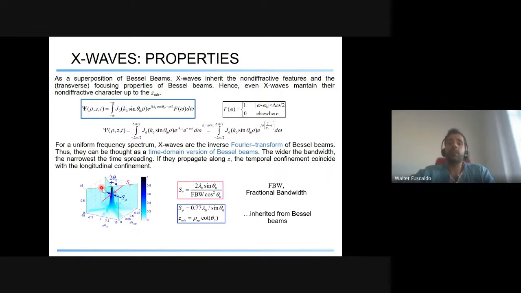On the transverse side, the resolution of an X wave is the same as the Bessel beam if they are generated with the same axicon angle. Along the longitudinal propagation axis, the size of an X wave will be inversely proportional to the fractional bandwidth that is used to generate such a solution.